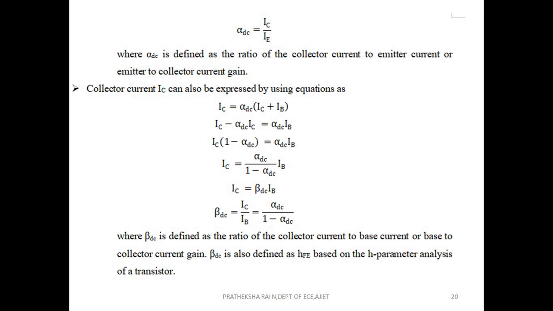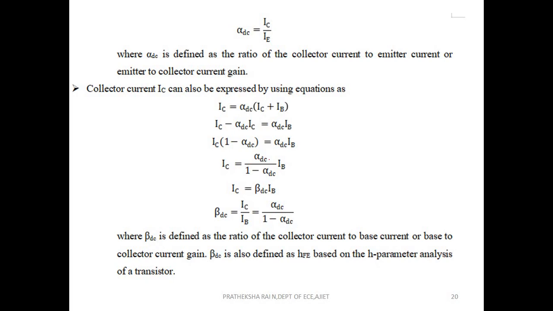So IC is equal to alpha DC into (IC plus IB). When I substitute that, IC minus alpha DC into IC becomes equal to alpha DC into IB. Or if I take IC common, IC into (1 minus alpha DC) is equal to alpha DC into IB. Or IC can be written as alpha DC divided by 1 minus alpha DC, into IB.